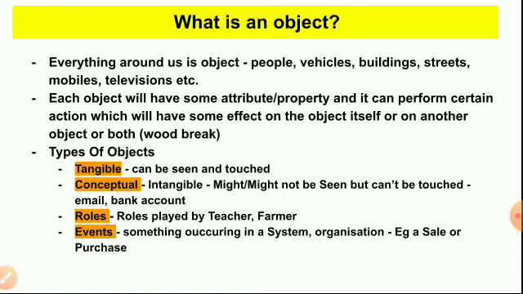Right. So what are intangible objects? The second kind. Intangible objects, they may or may not be seen, but definitely they cannot be touched. For example, email, bank account.